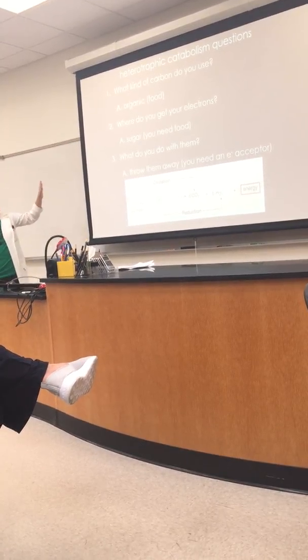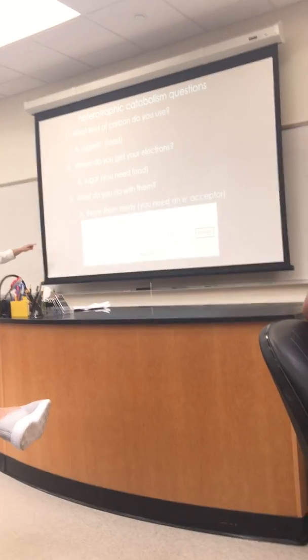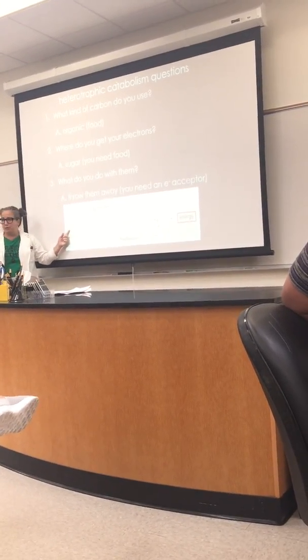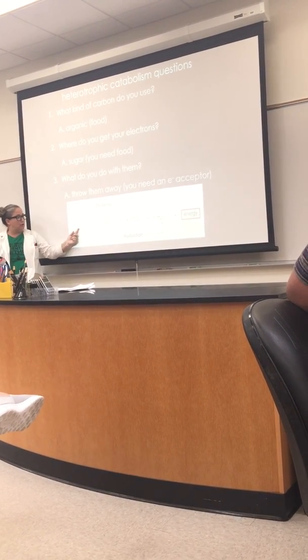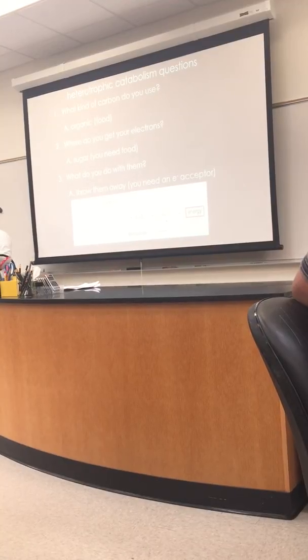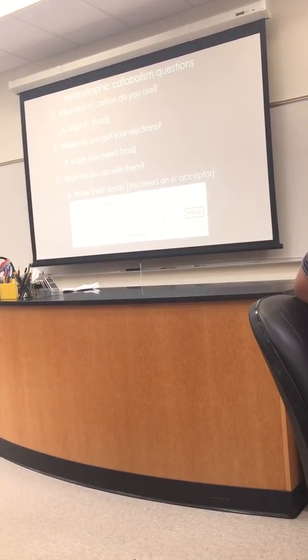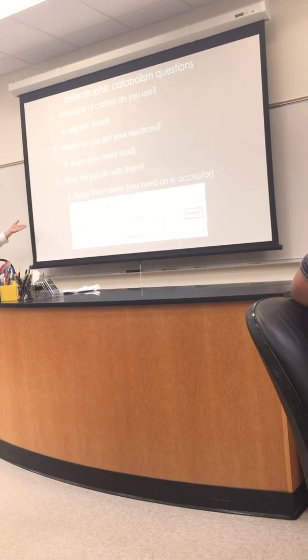So that's your food. Where do you get your electrons? Also from your food. This is your food. It gives you your carbon, and it gives you all of your electrons. So for heterotrophs, the carbon source and the electron source are the food that we eat. What do you do with the electrons?